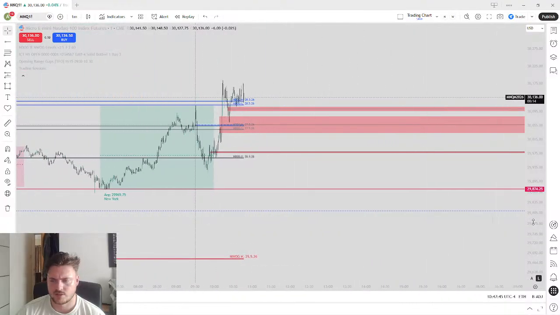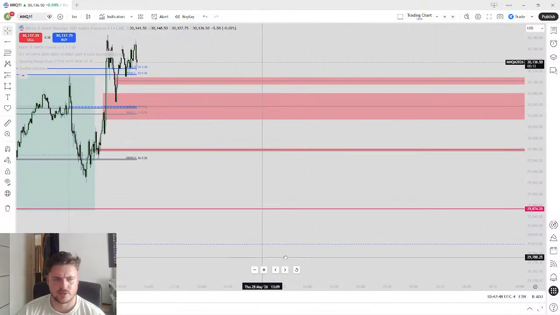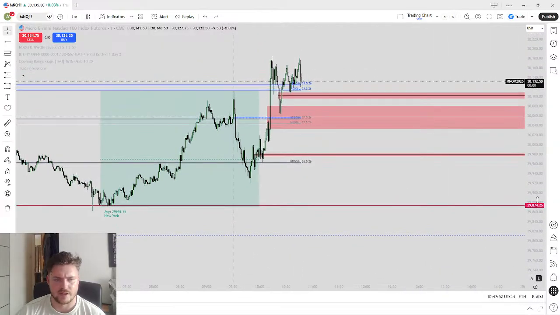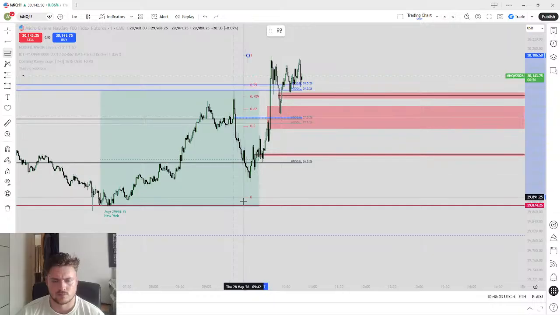And then yeah, that's what I've been doing as well, looking at where the fair value gaps form, which has been quite useful. So I've been getting the fib out again. The fib is a very useful tool. High to low.